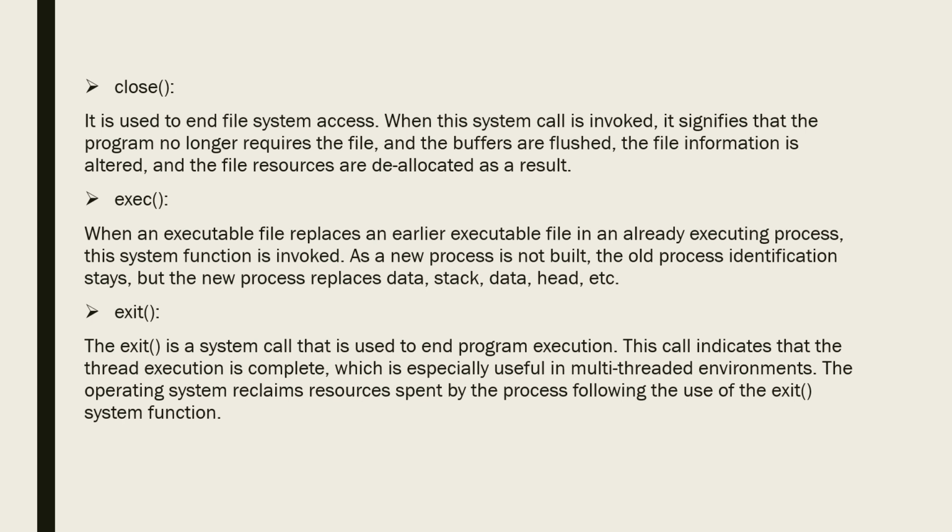Exec method. When an executable file replaces an earlier executable file in an already executing process, this system function is invoked. As a new process is not built, the old process identification stays, but the new process replaces data, stack, heap, etc.